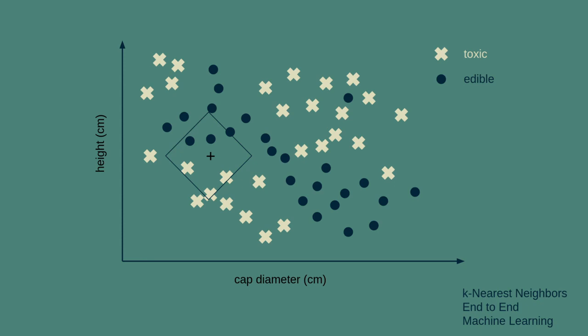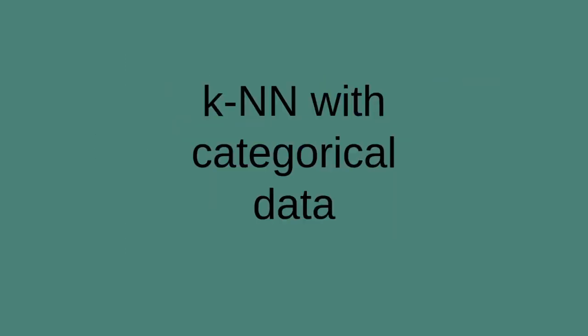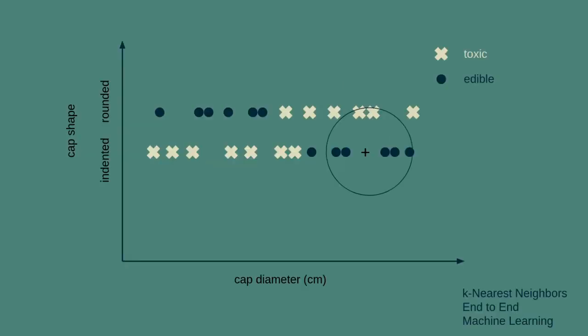We can use k-nearest neighbors not just with continuous data like height and diameter, but also with categorical data. So imagine now we're looking at mushrooms in a different way, and it's actually the cap diameter combined with the cap shape, whether it's indented or rounded, whether there's a little divot in the middle or it's nice and convex all the way across.